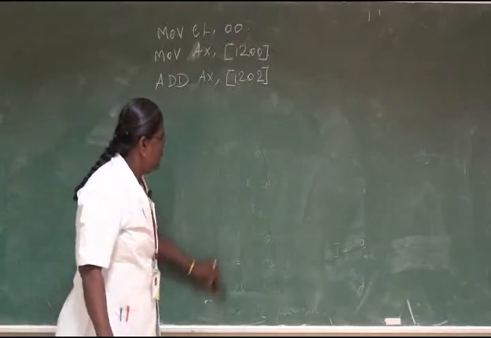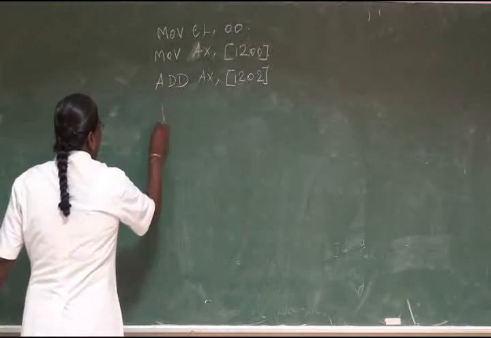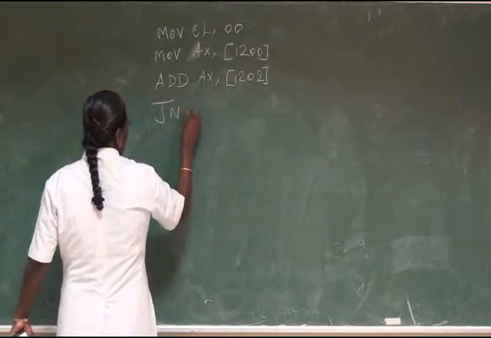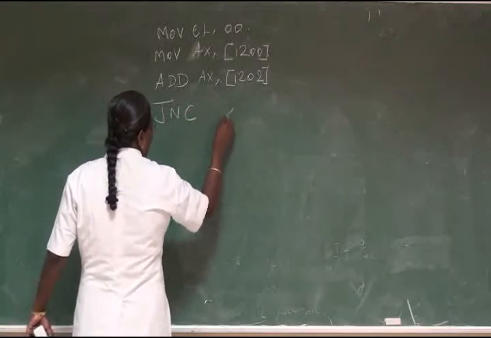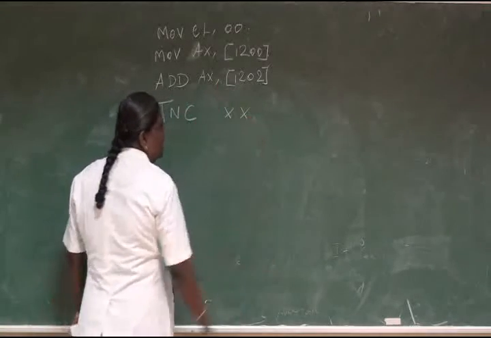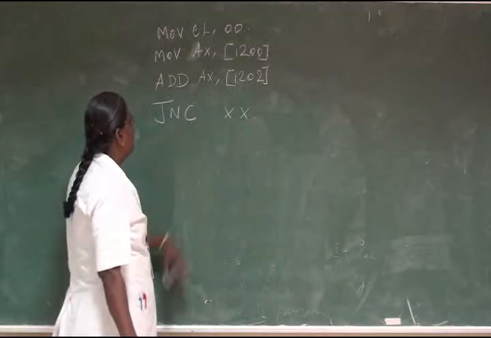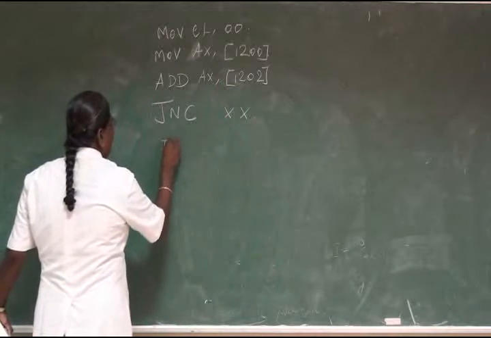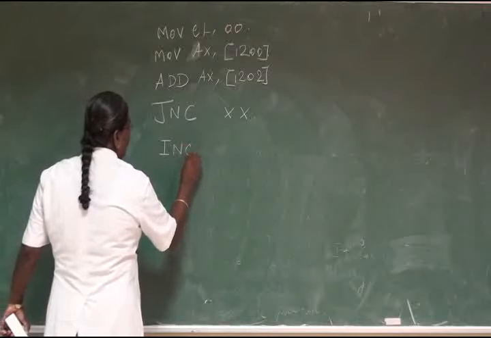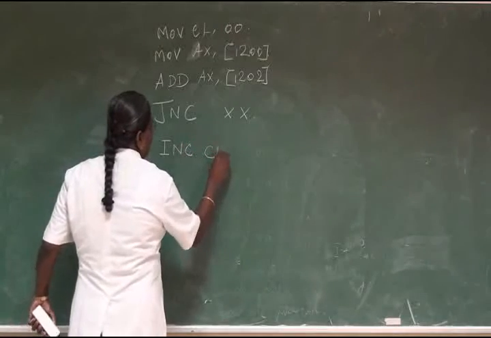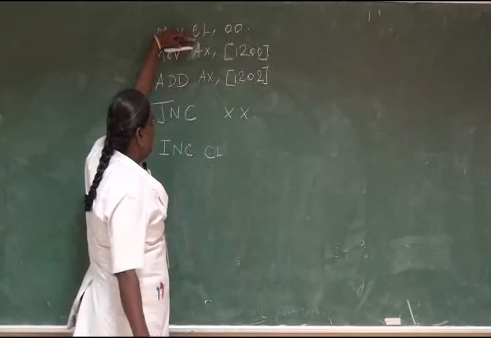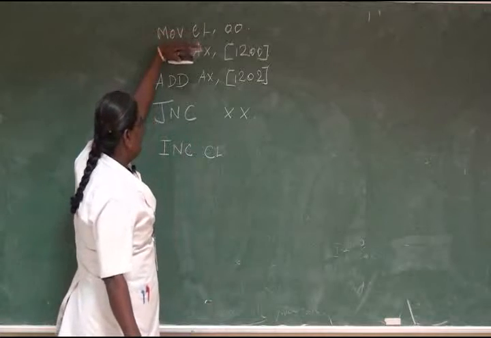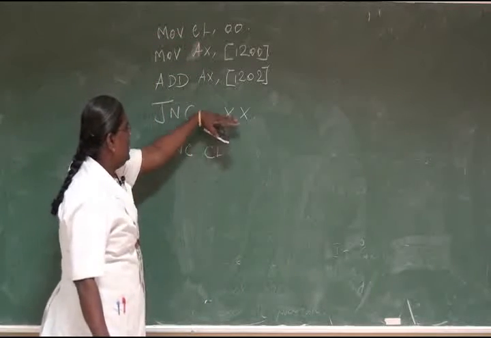Now we have to check for carry. We have to write the jump on no carry to the specified location, JNC XX. Otherwise we have to increment the carry register, INC CL. The CL register is already initialized for storing the carry, so that should be incremented.